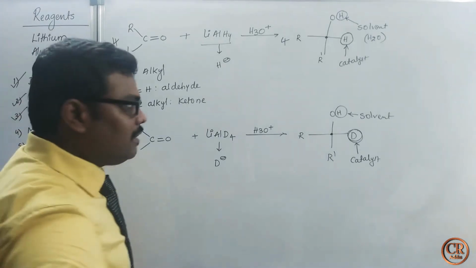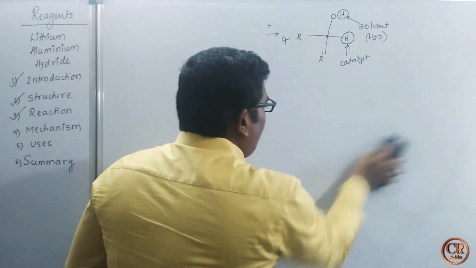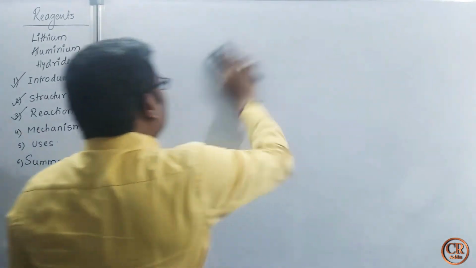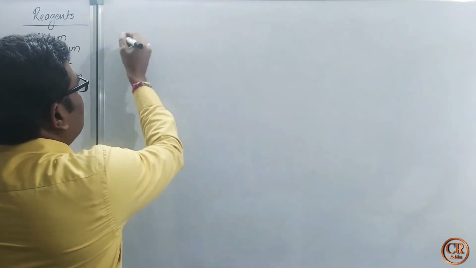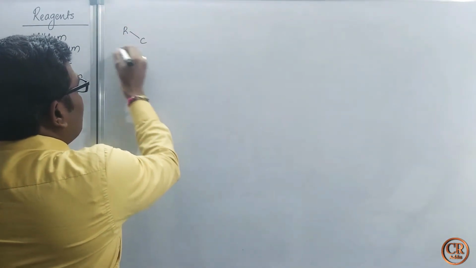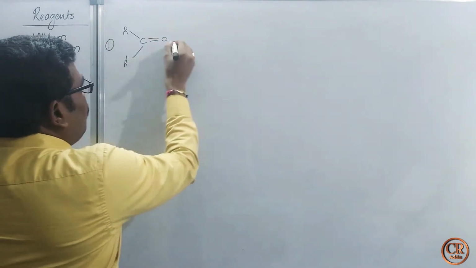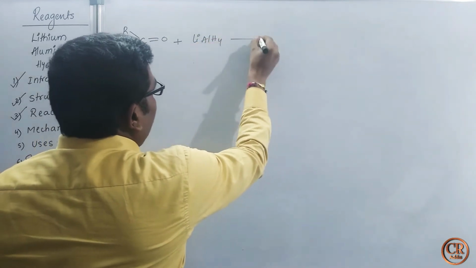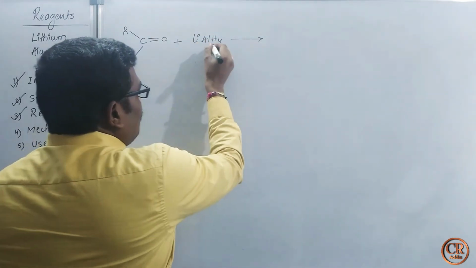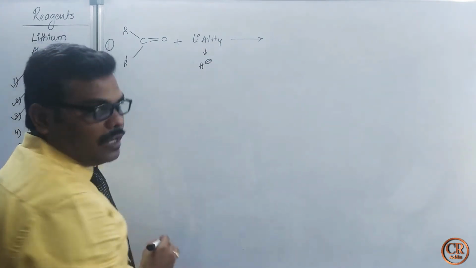Next, in the mechanism we'll see how hydride ion is transferred to carbonyl compound and in how many steps hydride ion is transferred to carbonyl compound. I am taking the first mole of carbonyl compound. Whenever it reacts with lithium aluminum hydride, you know lithium aluminum hydride is a H minus donor.